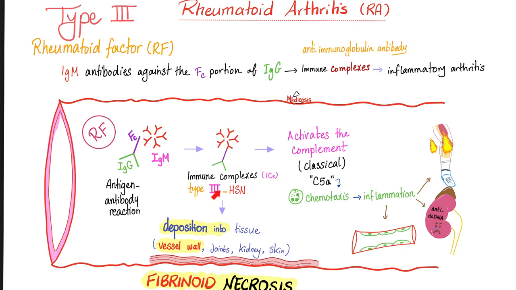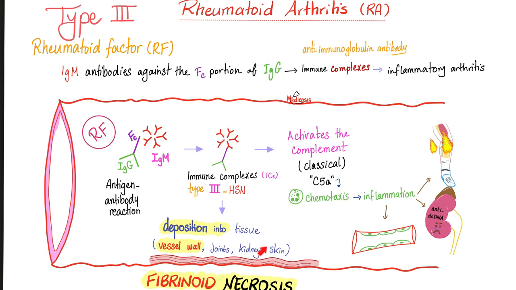Antigen-antibody complexes are floating freely in the circulation. When it's free, it's type 3. These are not bound to cell surface, and the end result is deposition into tissues. If they get deposited into the vessel wall, they cause vasculitis. Into joints, they cause immune complex mediated arthritis, immune complex mediated nephritis.